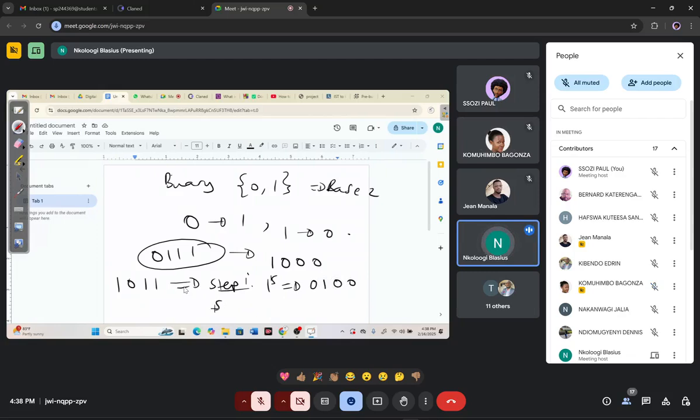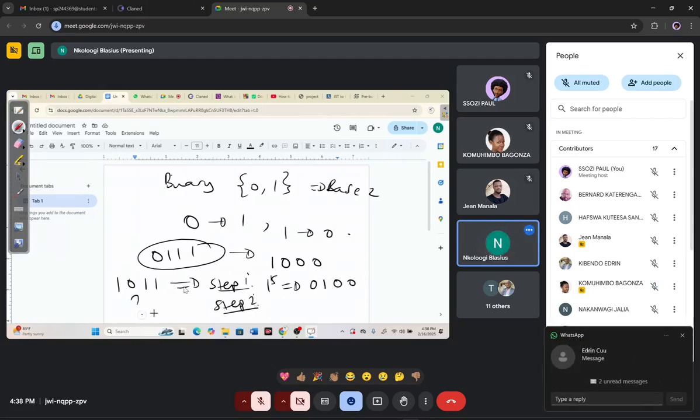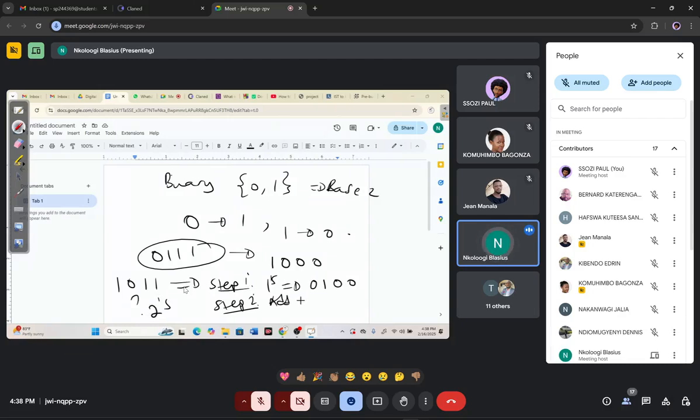Then step 2. Remember the question is saying that get its two's complement. Step 1, you get its one's complement. Step 2, add a 1 to the one's complement of the original number. So what is our original number? I mean, what is our one's complement that we have got from the original number? It's this one here.